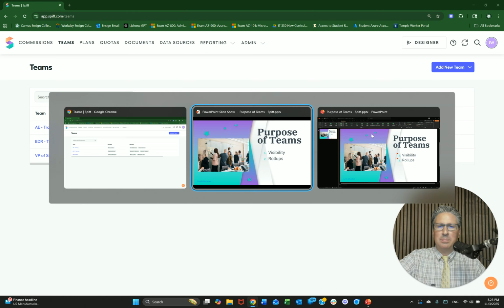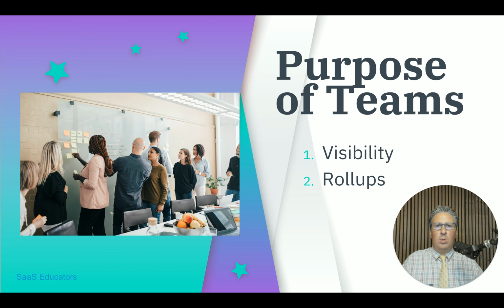So just to recap, there are only two reasons why technically teams are needed within Spiff. It's to give statement visibility to managers, and I hope you better understand now how it works with sub-teams and the hierarchy structure. And the second one is roll-ups for commissions. You can build a data filter, called a team lead data filter, that will allow all of the team members to roll up to that manager so that they can get paid for commissions.